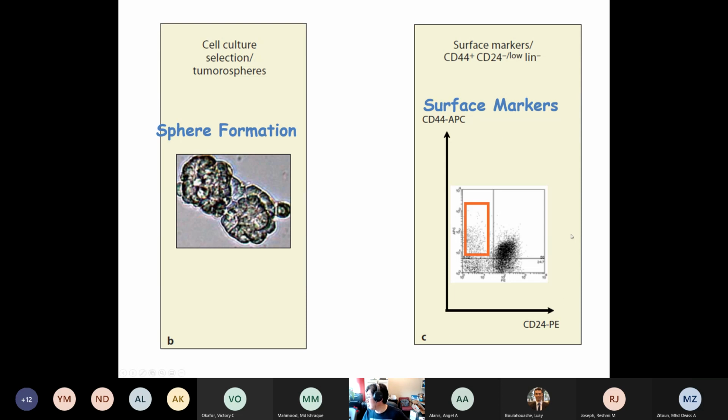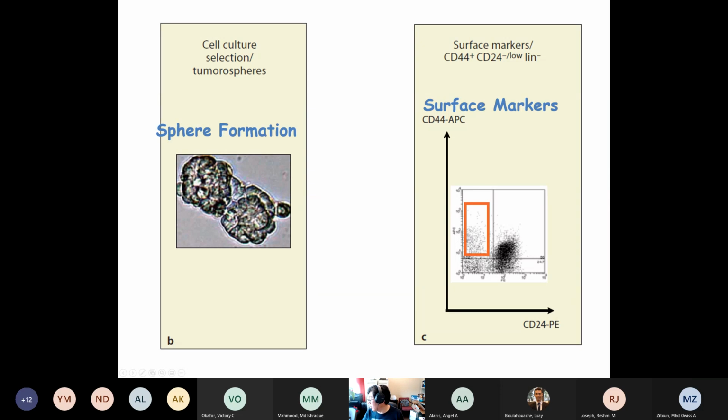But here I want to show you this flow cytometry result. On the horizontal dimension, you have a PE staining, which is CD24 PE, and on the vertical dimension, you have a CD44 APC staining. As you can see, the cells in the red box are high in CD44.